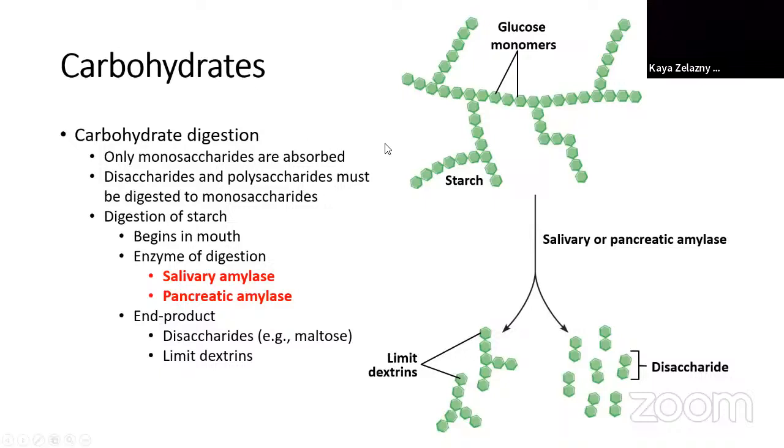You swallow, this process is somewhat fast, so your carbohydrates are not fully dissolved in the mouth, which means that you have partially digested, partially dissolved carbohydrates traveling down through your esophagus, traveling into your stomach, traveling into your small intestine, which is where we have the next enzyme that's going to help with carbohydrate digestion.